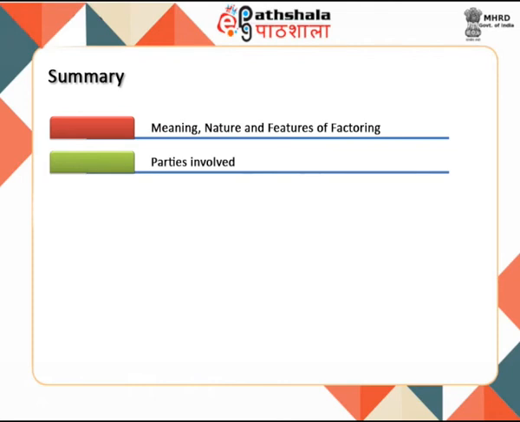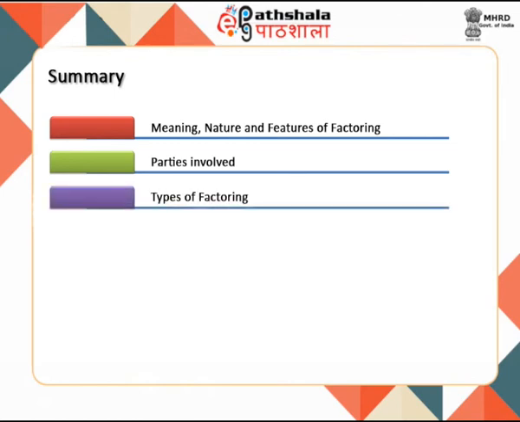Factoring has three different aspects: financial, management, and legal aspect. There are mainly two types of factoring arrangements: domestic factoring and international factoring. The factor collects debts and also advances cash against debts to solve the liquidity problems of the client. For providing these services, they charge interest on advance and commission for other services.